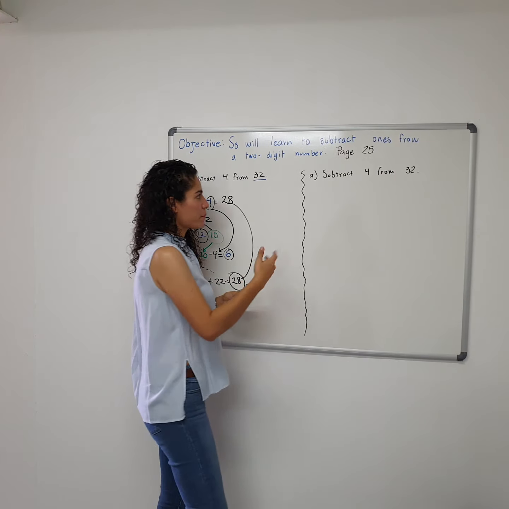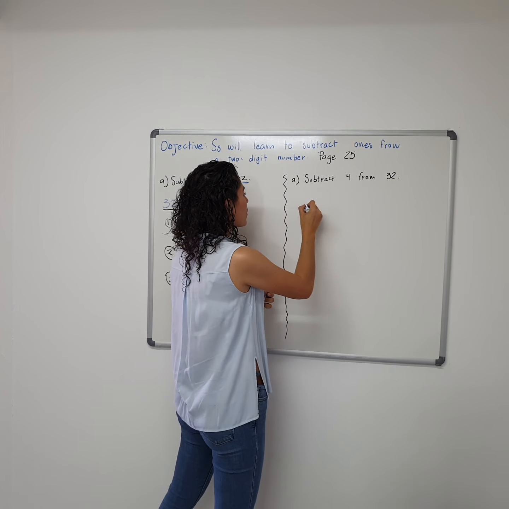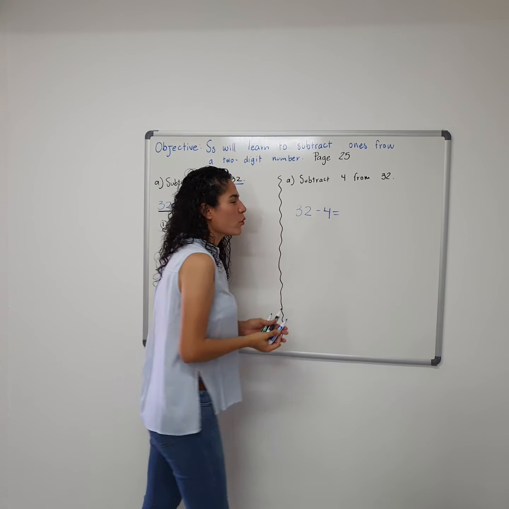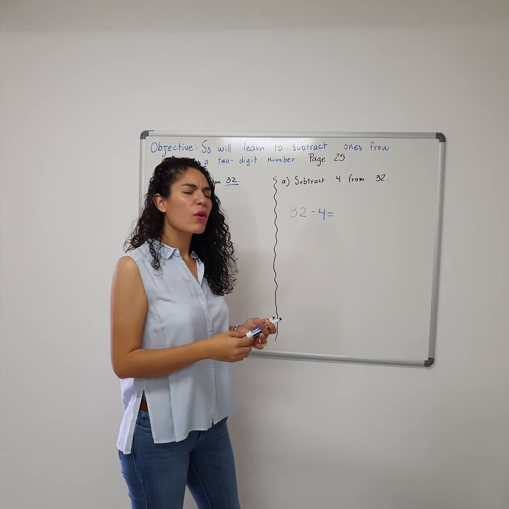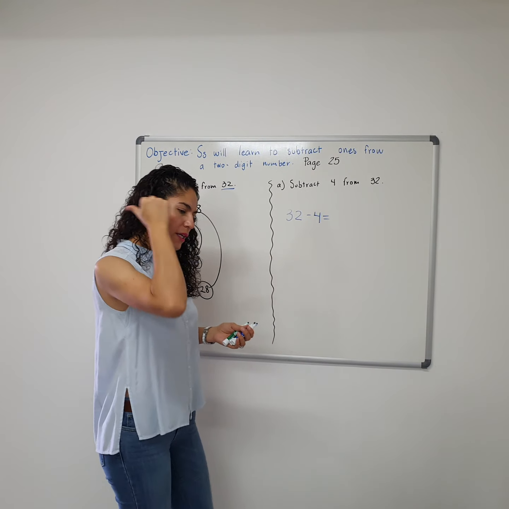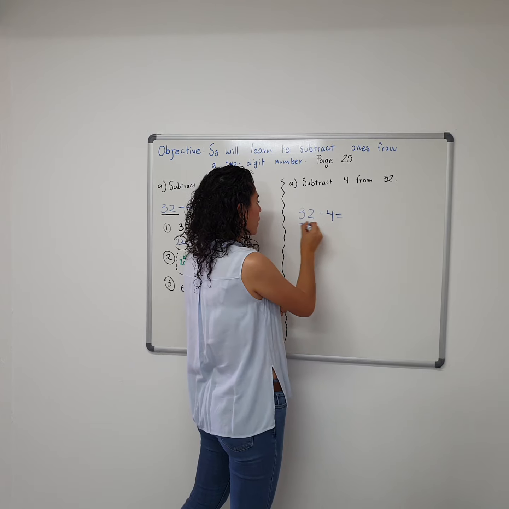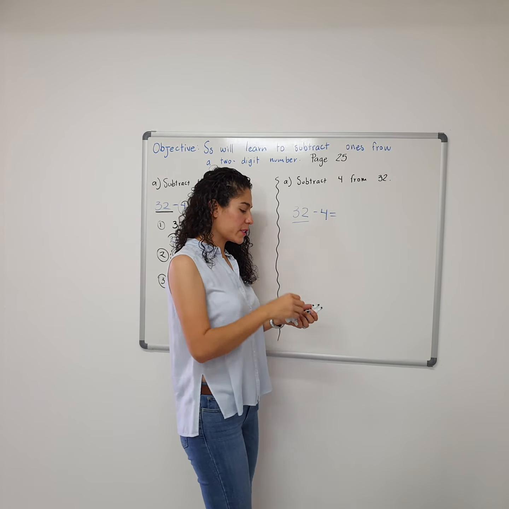For the second method, again, you have to write your subtraction sentence. 32 minus 4. What is the easiest way to do this? Count backwards. What is counting backwards? Counting as if you were taking steps back, okay? Imagine that you are at the number 32 and you need to take 4 steps away.